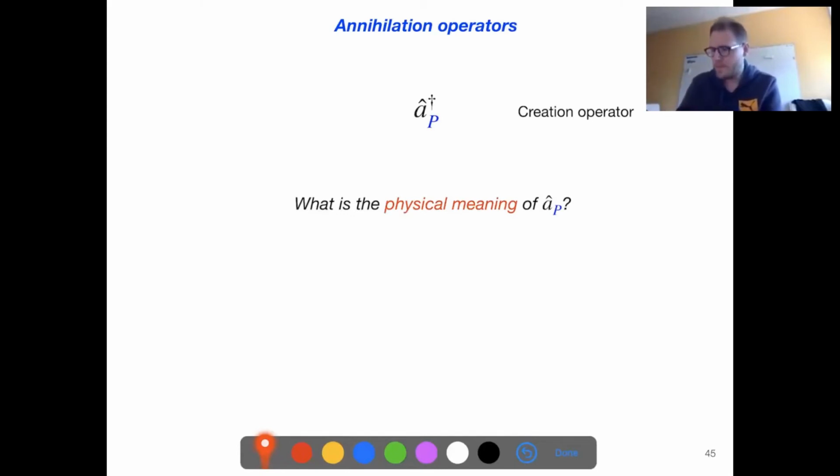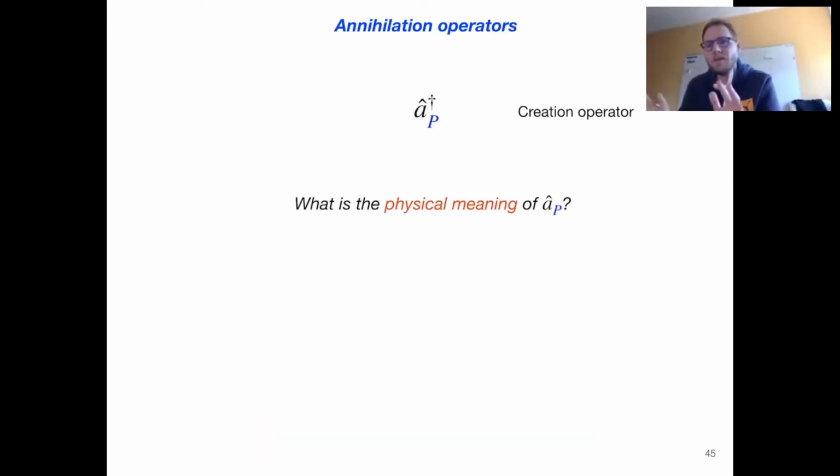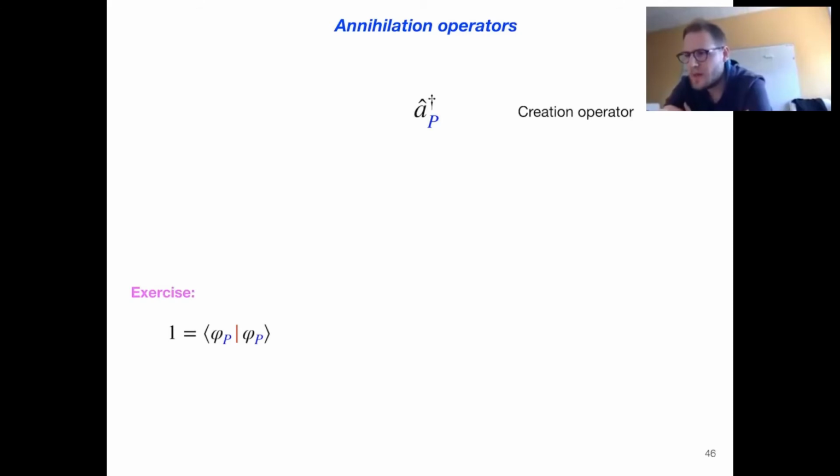If we just rely on the mathematics, we should be able to understand why we call it an annihilation operator. For that purpose, I propose a little exercise that we are going to do together, step by step. So okay, let's start.